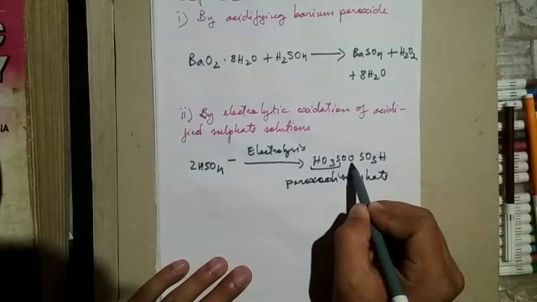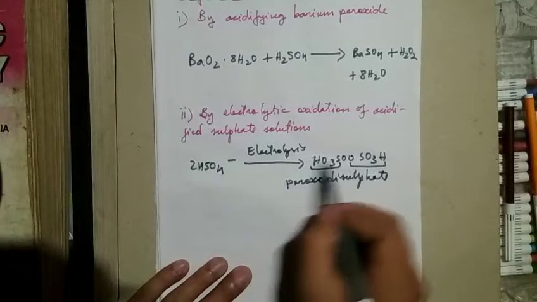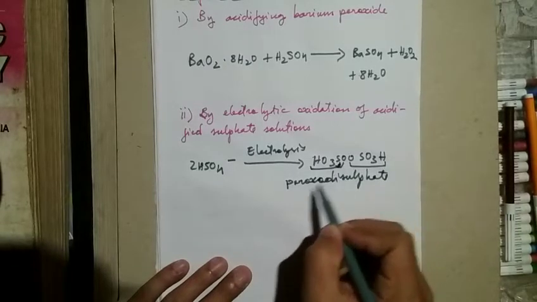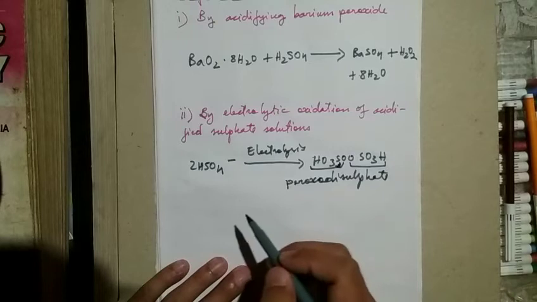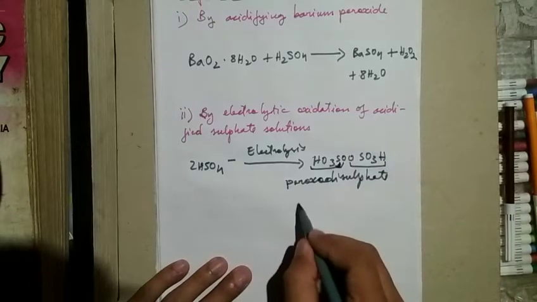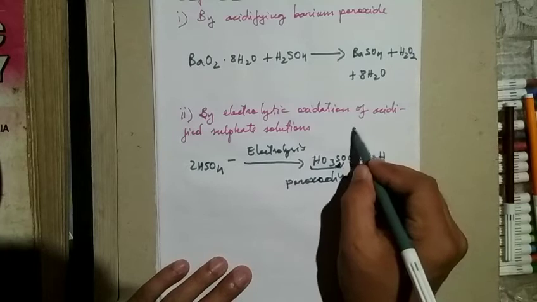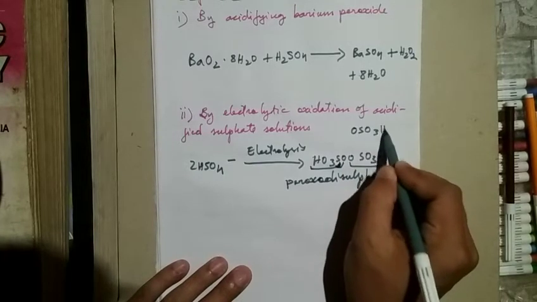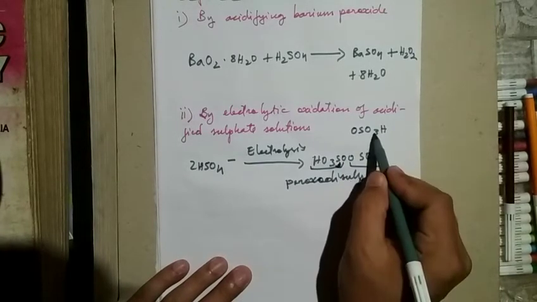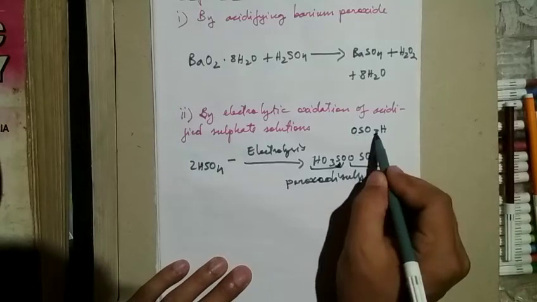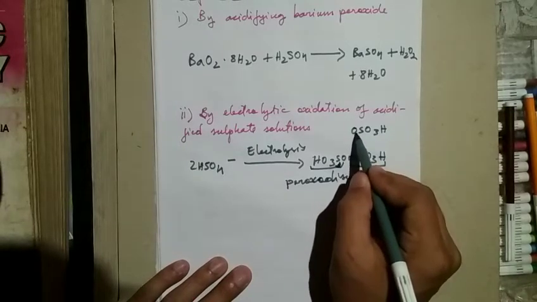This sulfate, HSO4, see here, we can write it as OSO3H. That means 4 oxygens are present, 3 and 1, so 4.